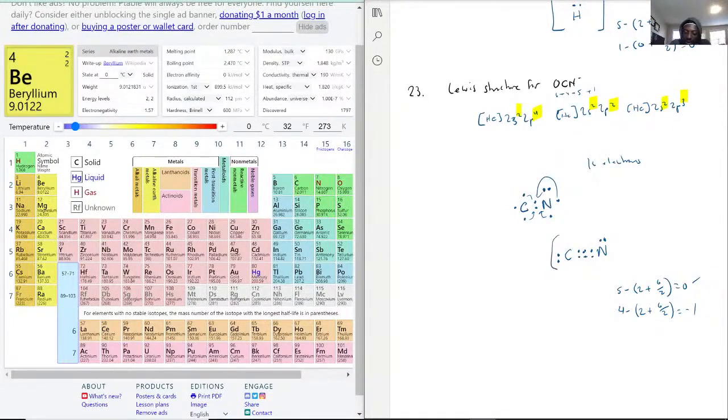Okay, now how would we throw in an oxygen? It may be possible, because right now this has 10, if we threw in the oxygen attached to the carbon.